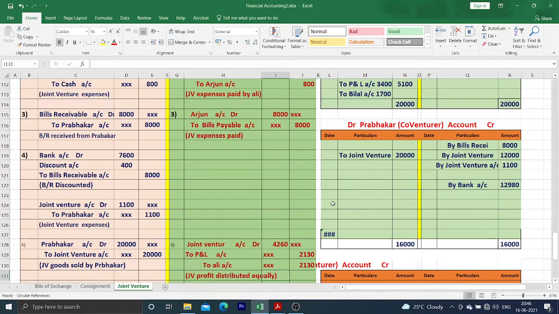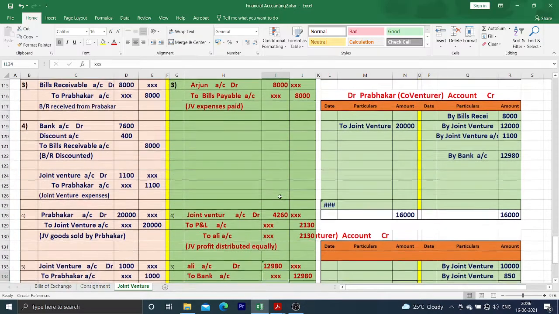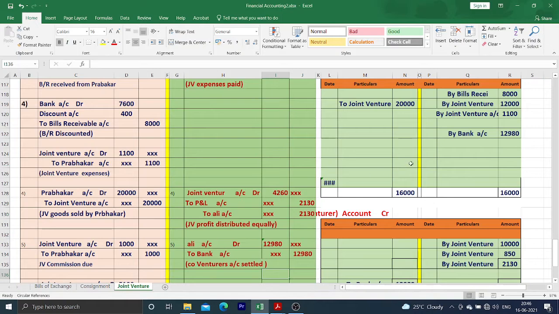Prabhakar to joint venture 20,000. Joint venture account debit to Prabhakar by joint venture. Amount is, by joint venture 1,700. His share is 1,700. Okay, right.